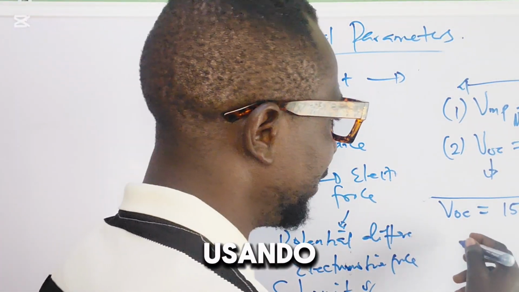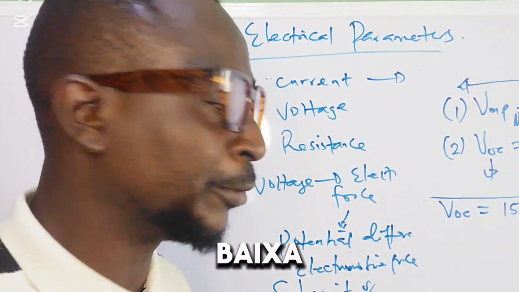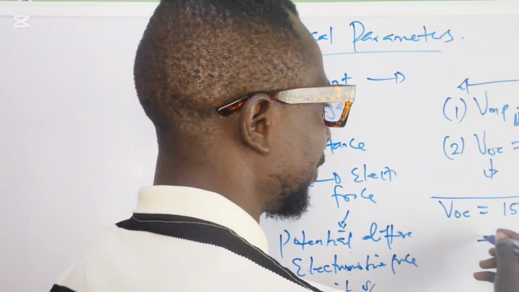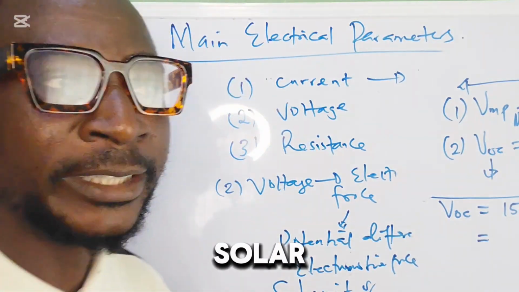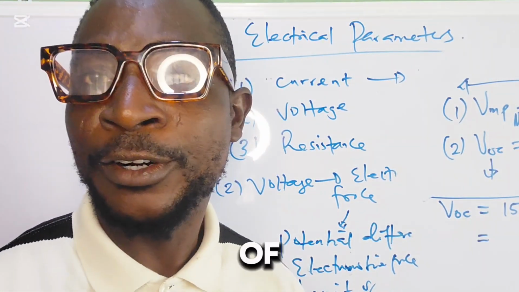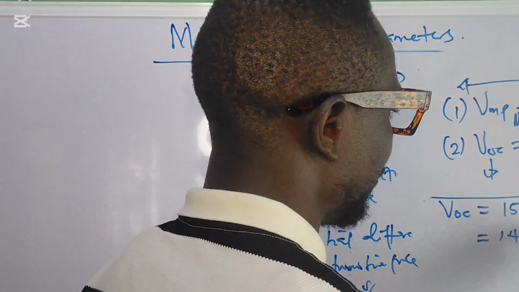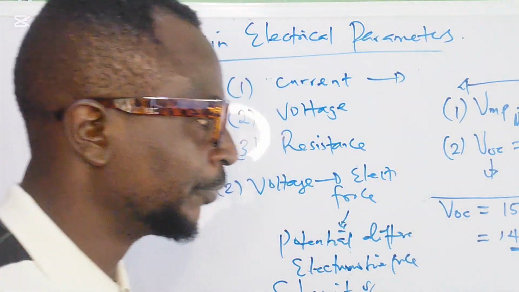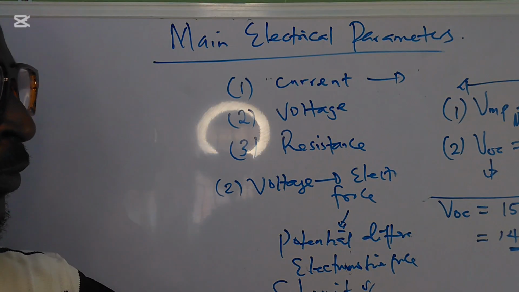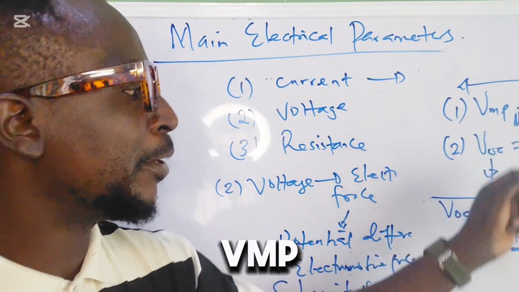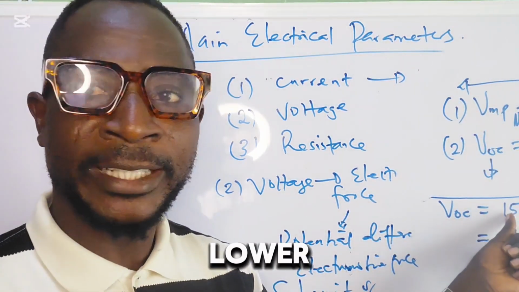And you are using a low voltage charge controller. Let's say the maximum solar voltage of your low voltage charge controller is 145 volts. Of course, the VMP will be lower than this.